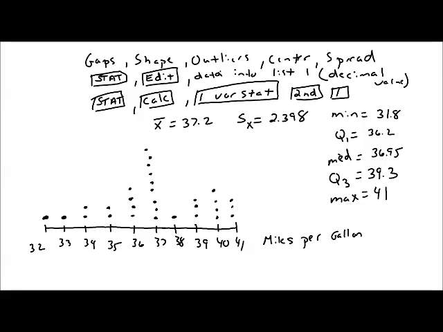Now, I'm actually going to then find out if there are any outliers. Okay? So to find out if there are any outliers, you have to do second y equals, okay?